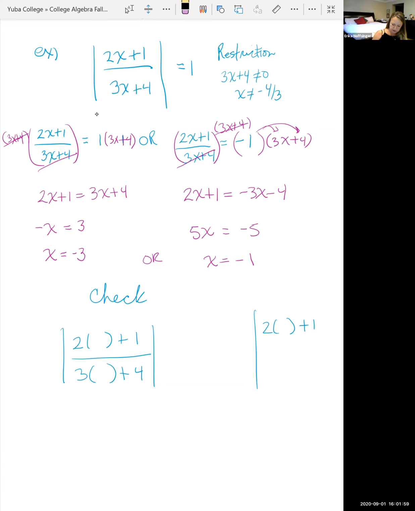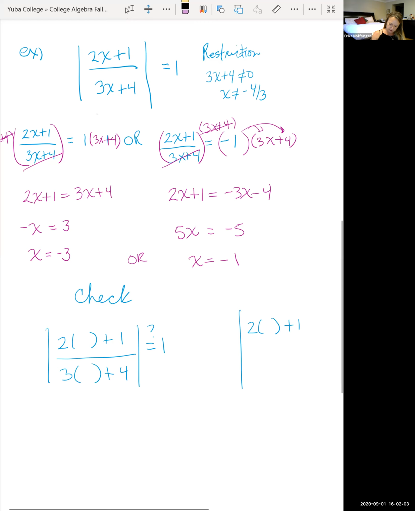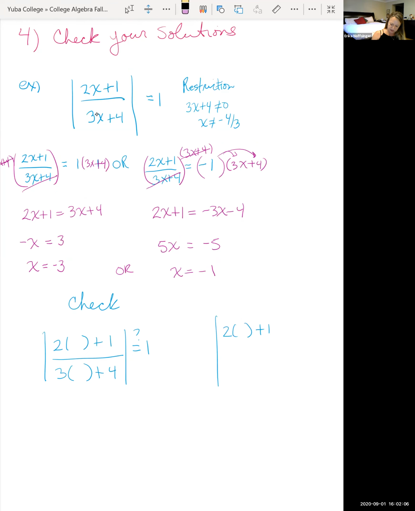Is this equal to 1? And 2 times -1 plus 1 all over 3 times -1 plus 4. Is that equal to -1? I'm sorry, +1.